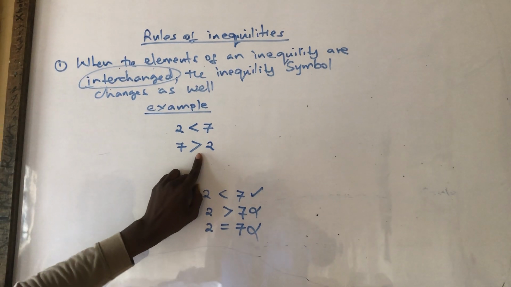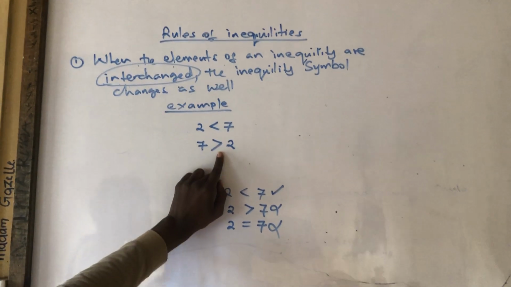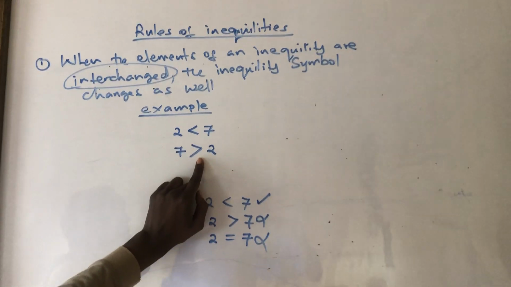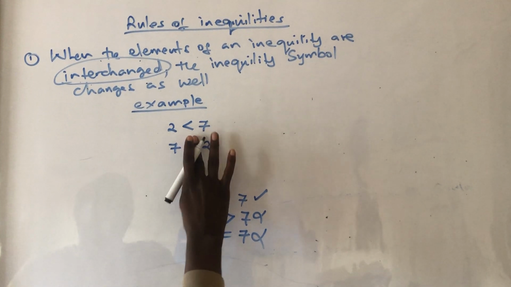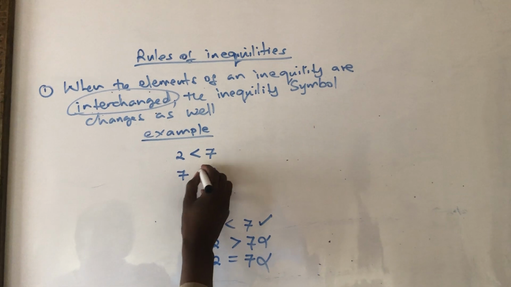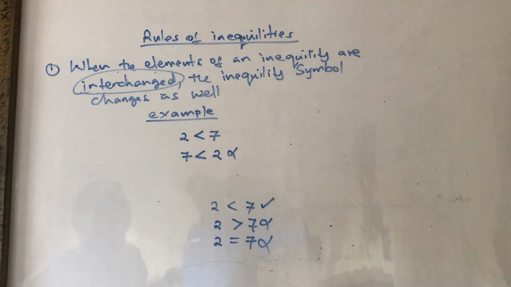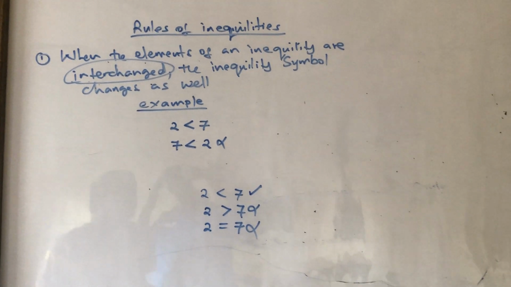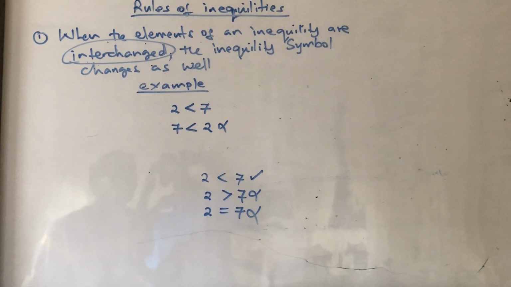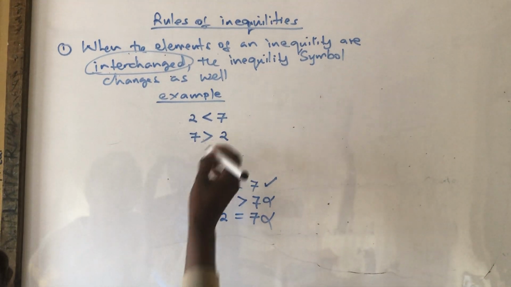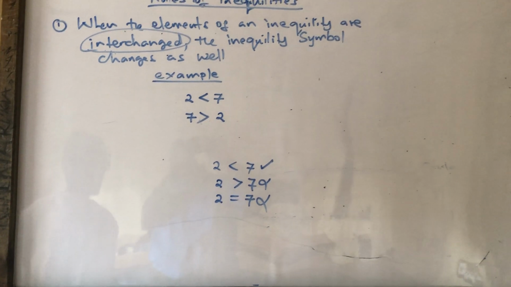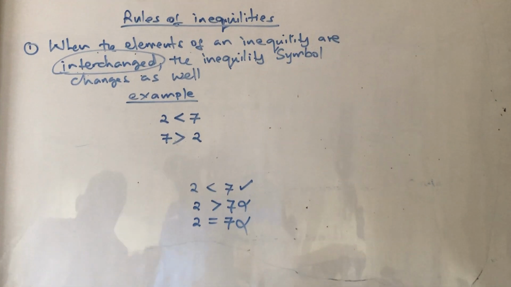It is automatically wrong to interchange these two, then retain the symbol the way it was. This is mathematically wrong because 7 cannot be less than 2. 7 should be greater than 2. I hope that rule is taken into account.